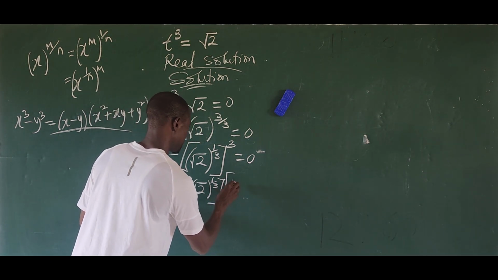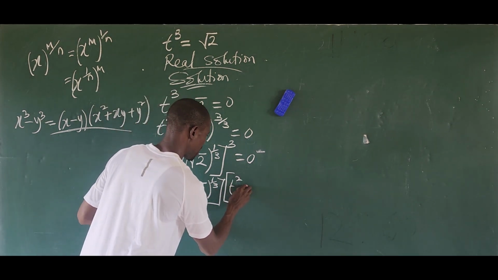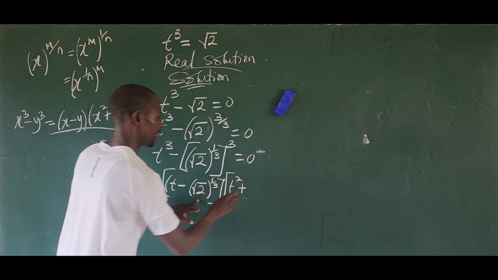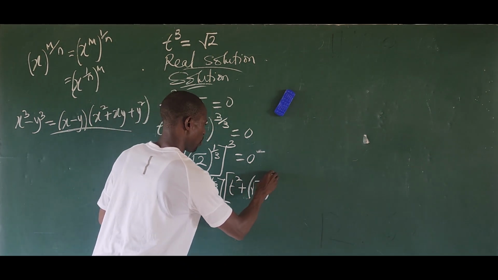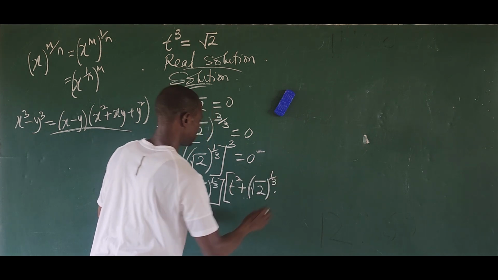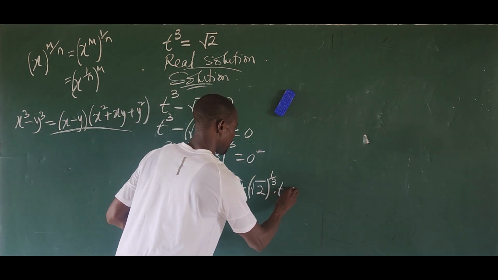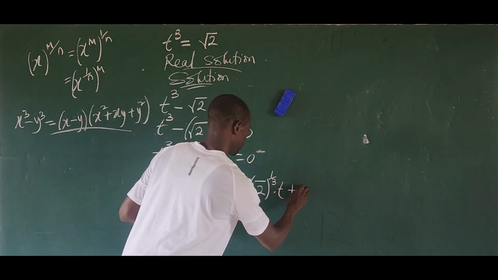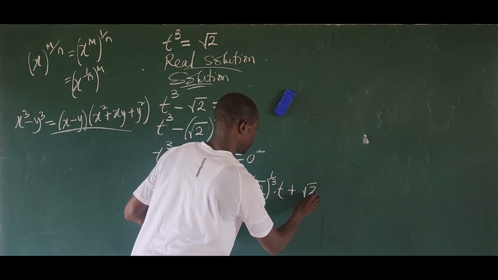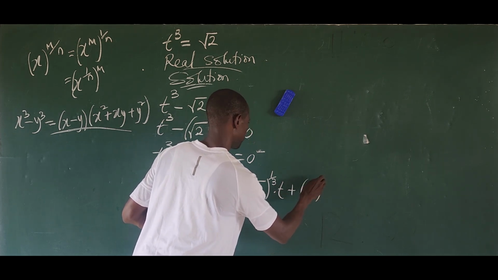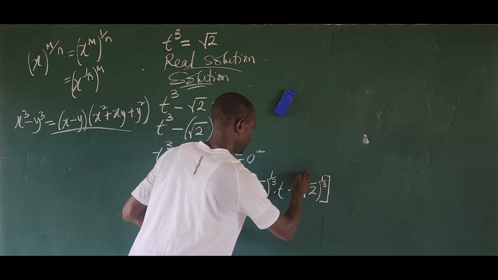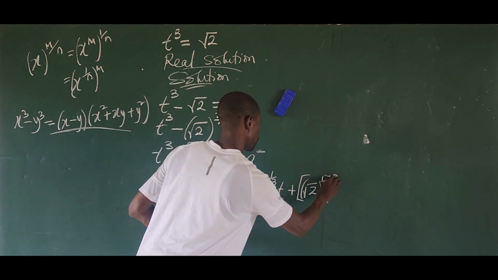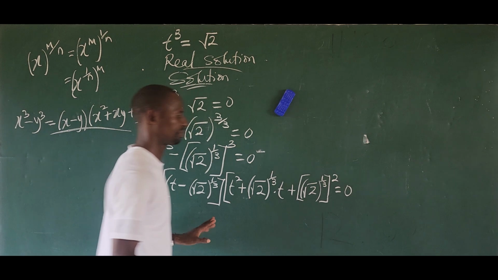We're going to have t to the power of 2, plus the square root of 2 raised to the power of 1 all over 3 times t, plus the square root of 2 all raised to the power of 1 all over 3 all raised to the power of 2, equal to 0.